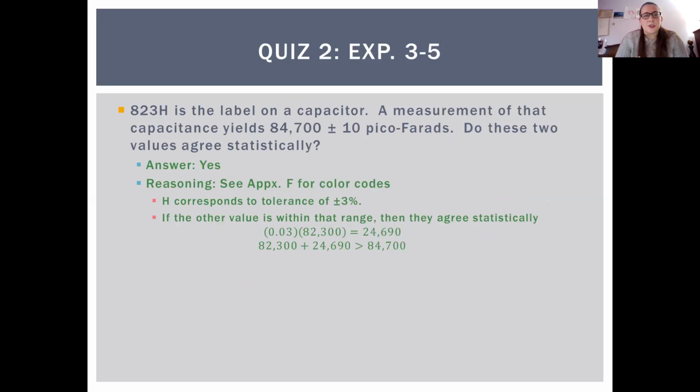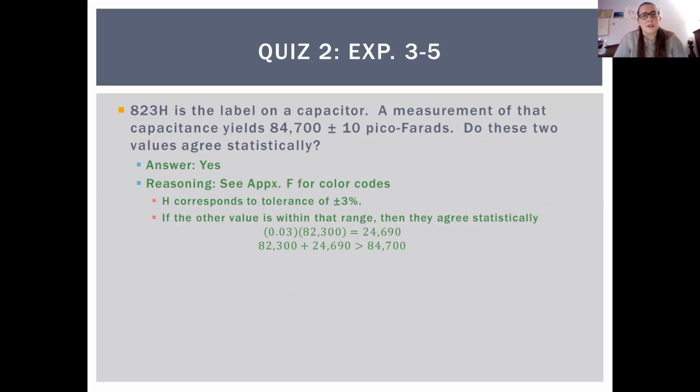All right, next question. 823H is the label on a capacitor. A measurement of that capacitance yields 84,700 plus or minus 10 picofarads. Do these values agree statistically? And the correct answer is yes.